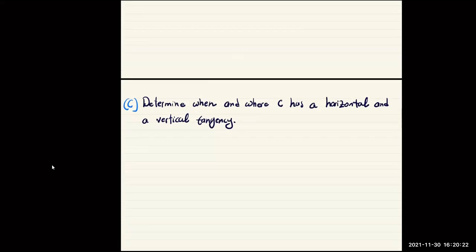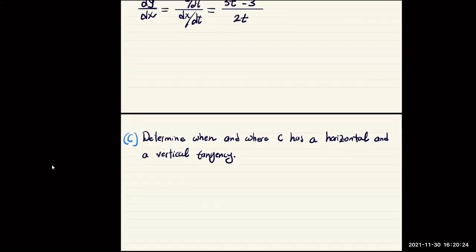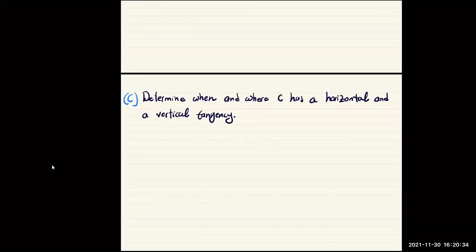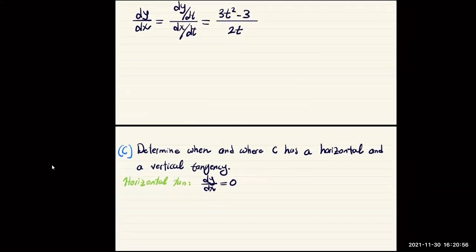All right, so horizontal tangency, if you remember from calculus 1, is when the derivative is 0. That's when the slope of the tangent line is 0. We're going to set dy/dx equal to 0, and that's going to give us the t value for when we have horizontal tangency.